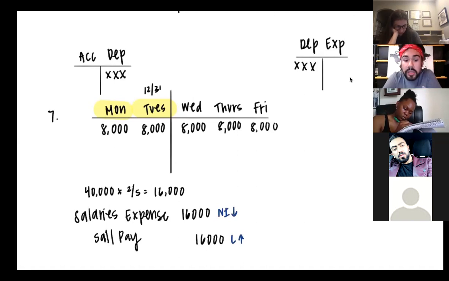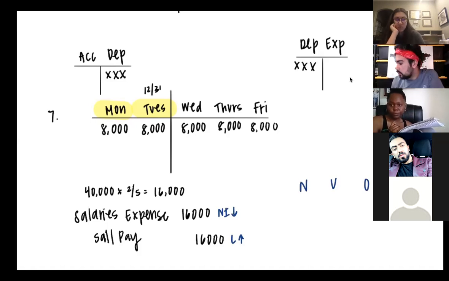Since they completely forgot to record this entry, our liabilities will be understated and our net income will be overstated. Everyone good on that one?